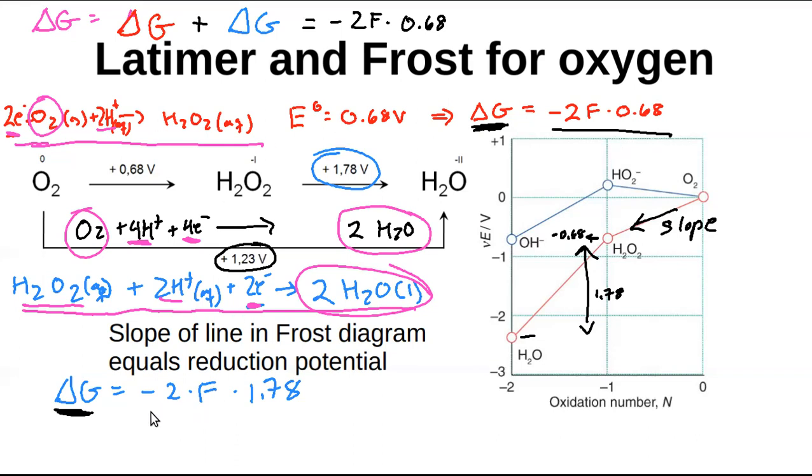And then the blue delta G was minus 2F times 1.78, which is equal to minus 2F times 0.68 plus 1.78. What is this? 78, 8 and 8 is 16, 5, it's 2.46, I think.